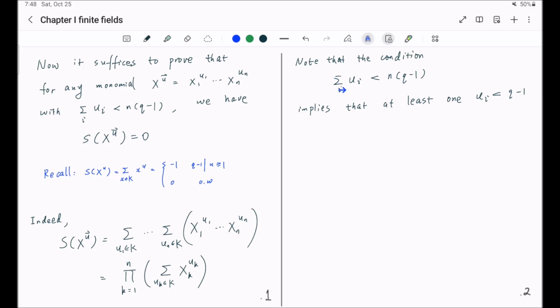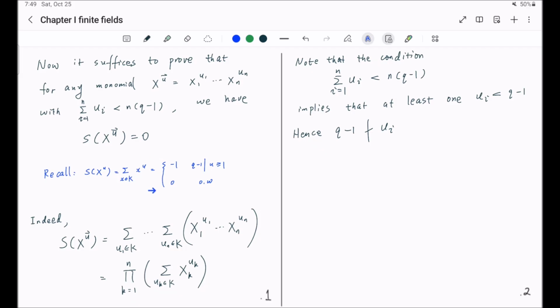This is a sum for i equal to 1 to n. Okay, now what does this mean? If u sub i is less than q minus 1, then we must have q minus 1 does not divide u sub i.